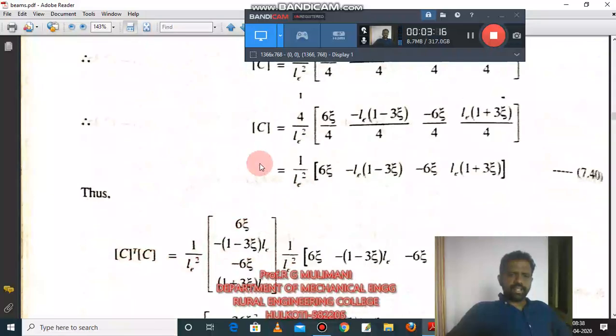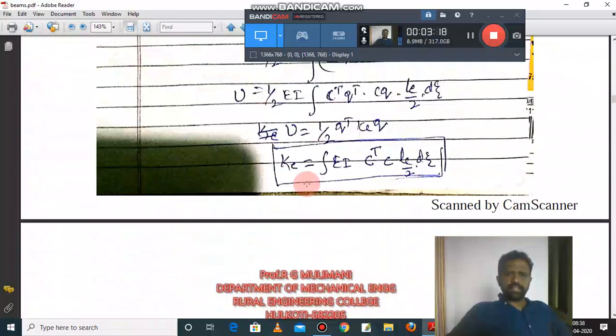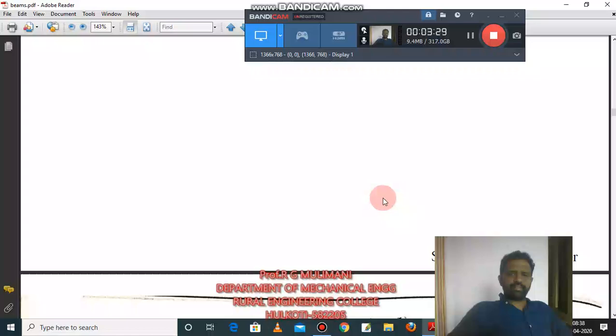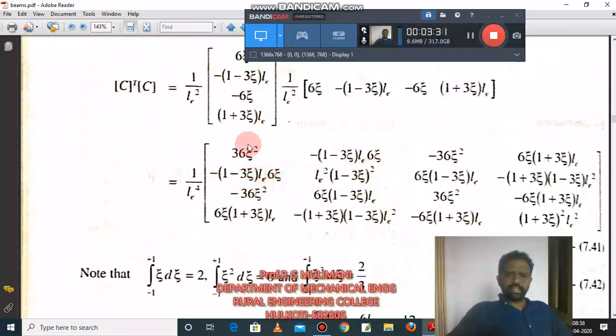Then, substituting, the multiplication of the CT and C matrices, and these are all constants. EI and LE by 2 are constant. So integrating this CTC matrix means you are integrating each value. For example, 36 zeta square: what is the integration of zeta square in terms of zeta? Similarly, you refer to these three to find the values.